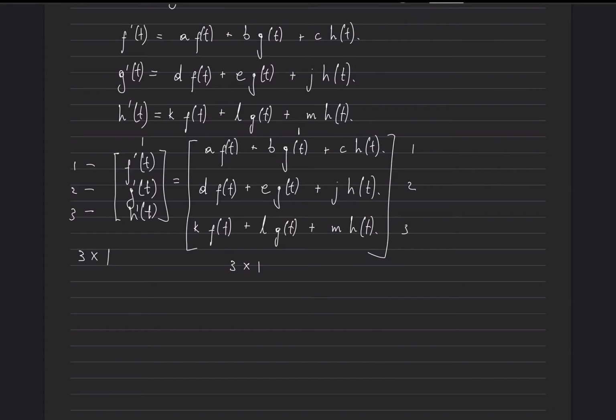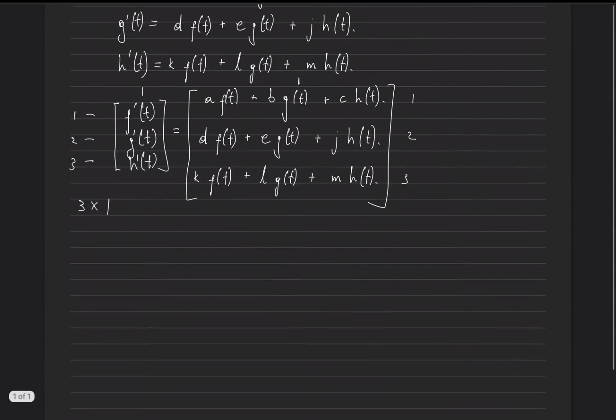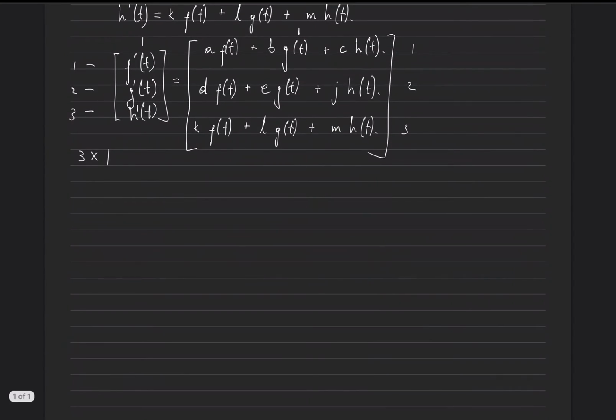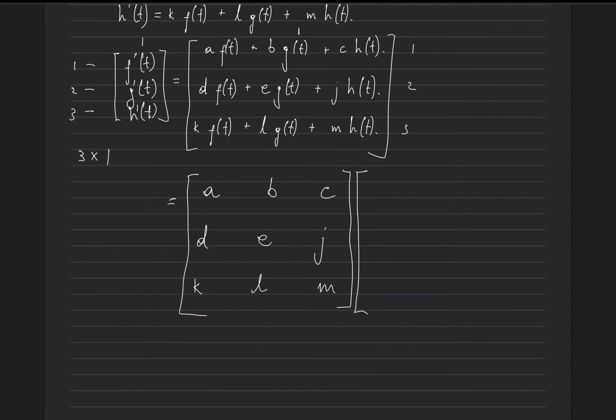And the way we would obtain that is basically that we could write this matrix as A, B, C, D, E, J, K, L, M. And our column would be f of t, g of t, and h of t.